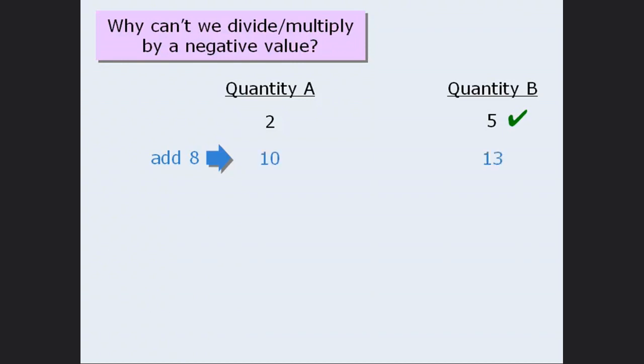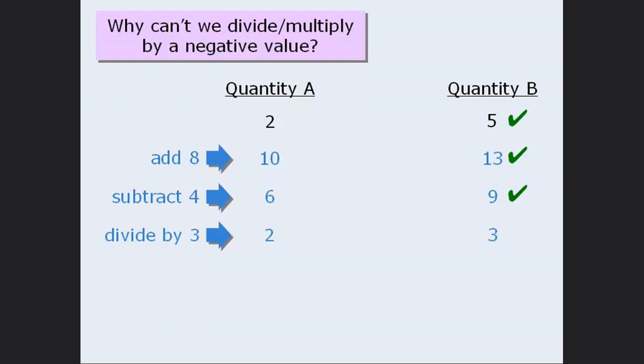And as you can see, quantity B is still greater than quantity A. From here, if we subtract 4 from both quantities, the new values are such that quantity B is still greater than quantity A. If we divide both quantities by positive 3, we get these results, and it's still the case that quantity B is greater than quantity A. If we multiply both quantities by a positive 6, the resulting values are such that quantity B is still greater.